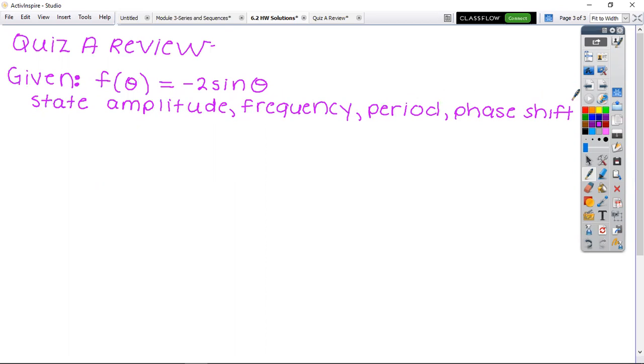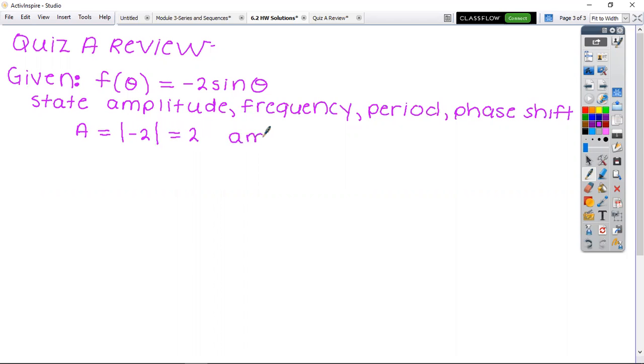Okay, so who remembers? I know it's been a couple of days. I have -2 sine theta. So what is the amplitude? Is it 2 or is it -2? +2. So I'm going to do this just for the purpose of your notes. So amplitude is equal to the absolute value of -2, which is equal to 2.